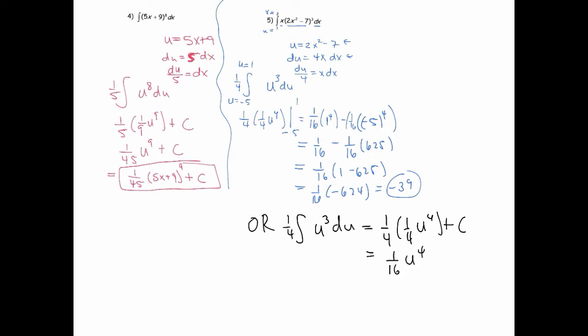But now what we could do is turn that back into 1/16, and my u was originally 2x squared minus 7, so 2x squared minus 7 to the 4th.